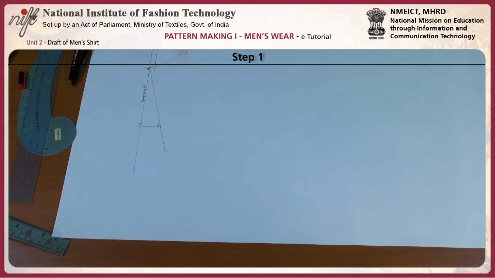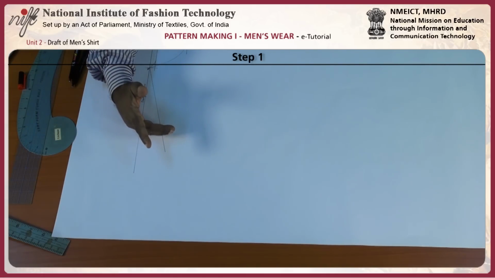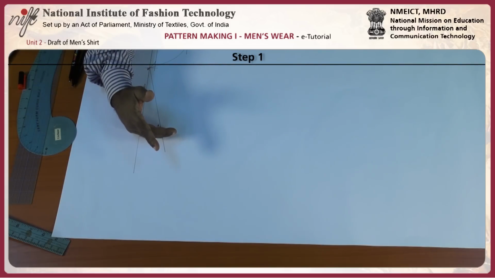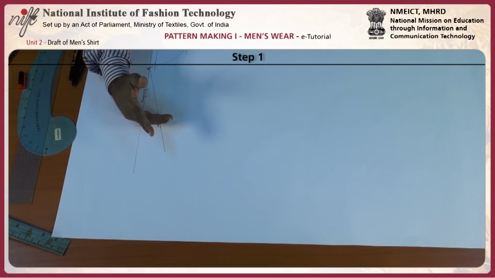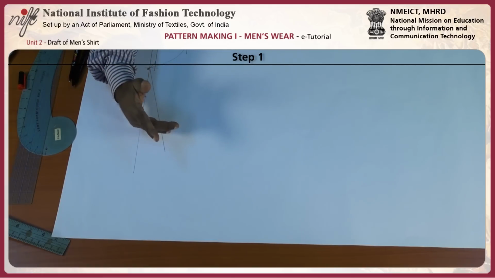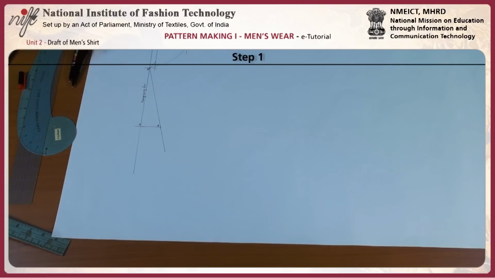When the across shoulder measurement is measured on this slant line, the corresponding shoulder measurement reduces when across shoulder is less, and increases when across shoulder is more. You can visualize E to F at 23 centimeter is 4 centimeter.